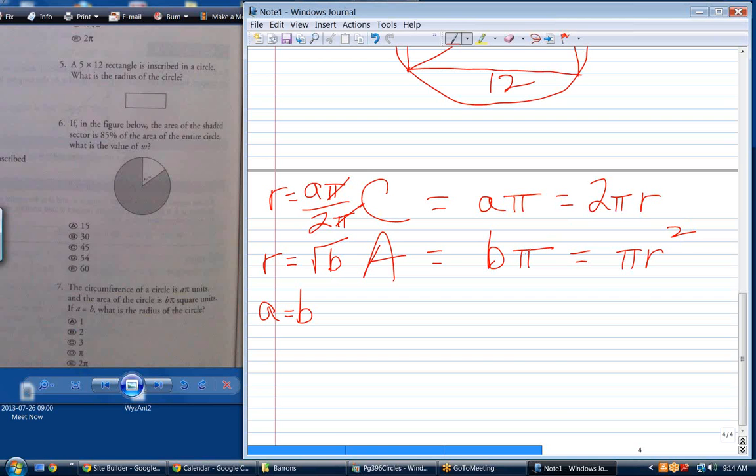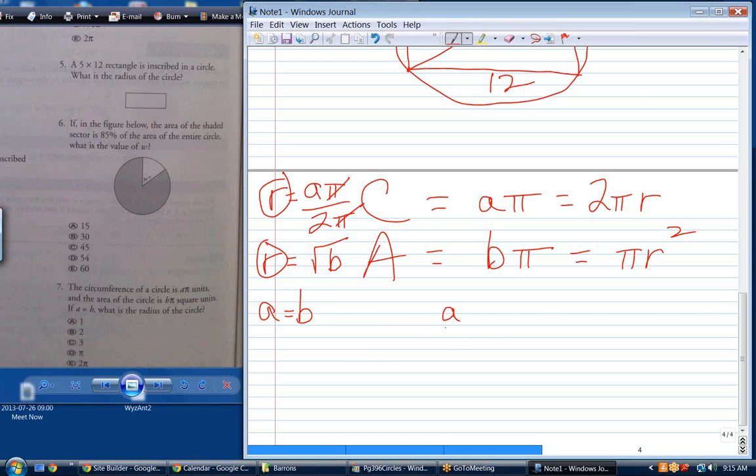Yeah, the easiest way is to cancel these pi's out before we go any further. I should have done that in the first one also, just to make it more straightforward. So yeah, the square root of B. Well, we know that that r is the same as that r, right?